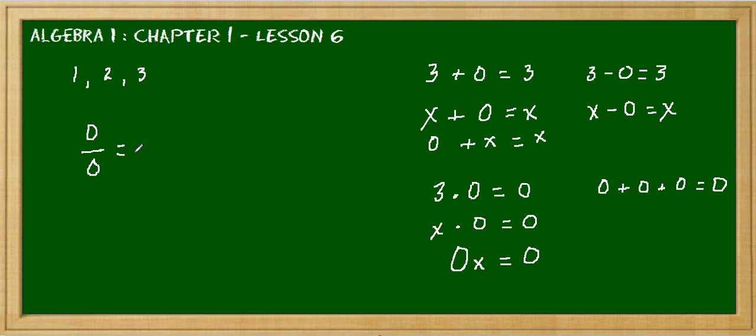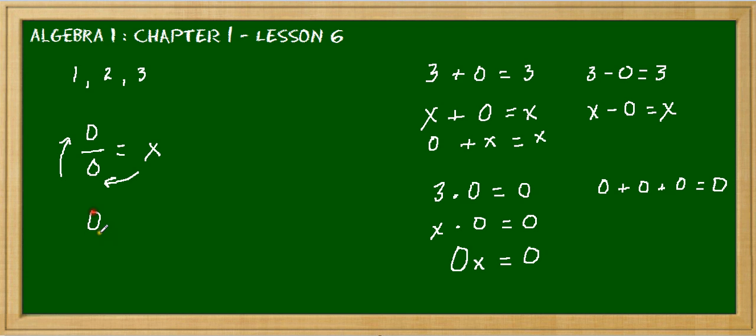Suppose that 0 over 0, or 0 divided by 0, is equal to some number x. Then it must be true that x times 0 is equal to 0. And it does work, doesn't it? Let's see. We multiply x, and that's actually going to come out to 0. Hey, that works.